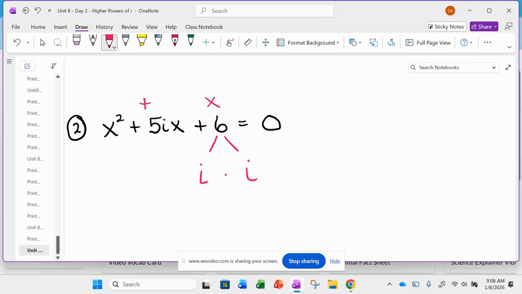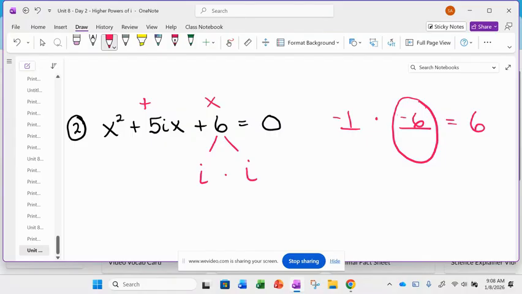And what's an i times an i? It's an i squared, which is negative 1. So we're going to say negative 1 times what gives us a positive 6? Negative 6. Okay. So now we know the factors here have to multiply to a negative 6.